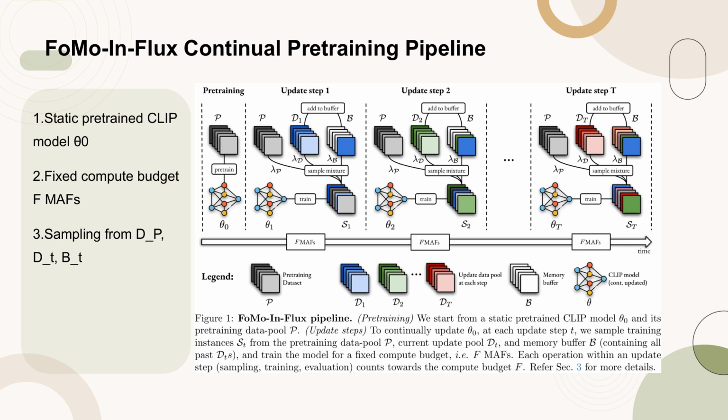The model is then trained within a fixed compute budget, denoted as FMAs. Every operation within an update step, including sampling, training, and evaluation, contributes to this compute budget. This process ensures controlled and efficient continual updates to the model, maintaining its relevance and performance over time.